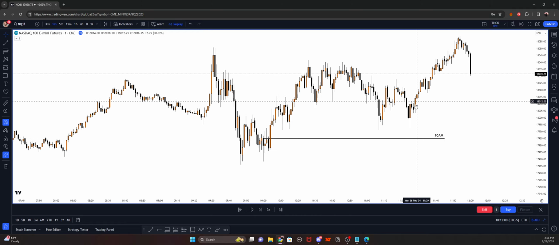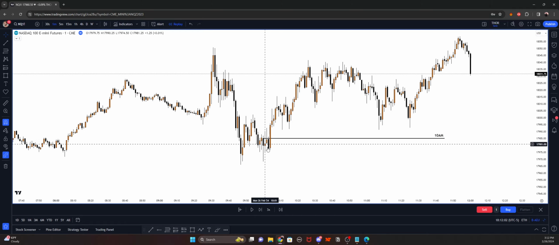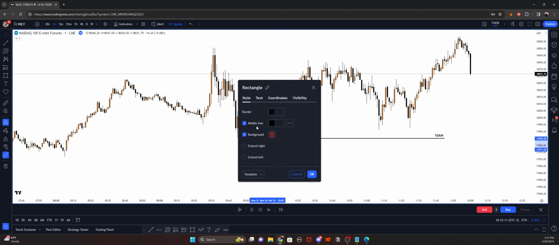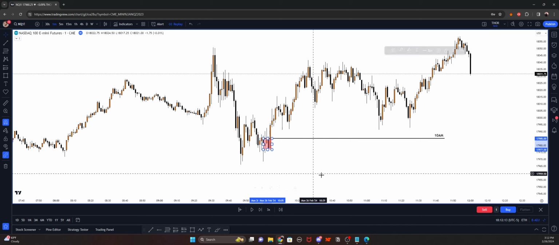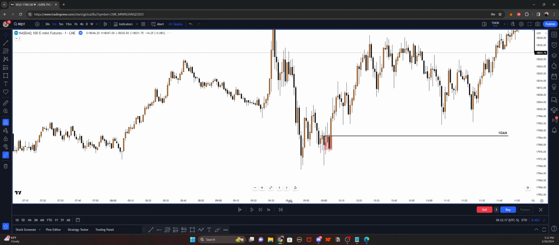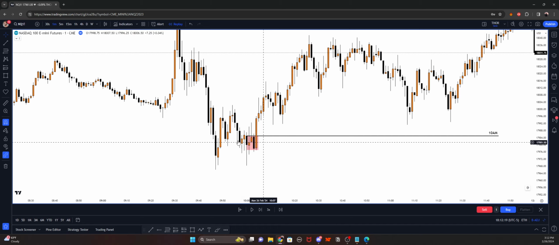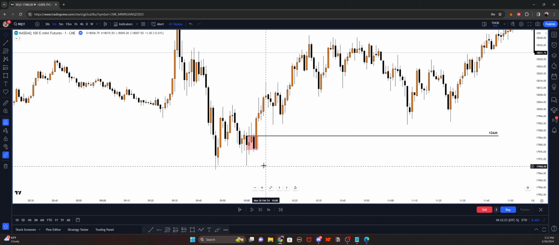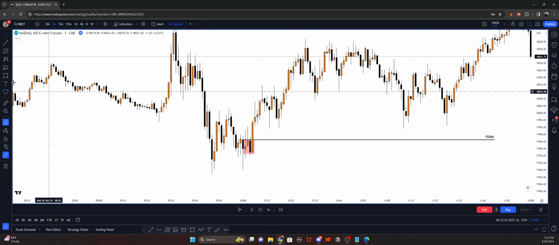So anytime it spends time below that level is the manipulation essentially. Here is the manipulation. And then it just distributed. On the microsecond charts, you'll probably see the cleaner where it accumulates and then manipulates and distributes.